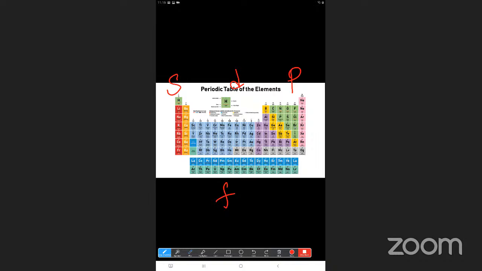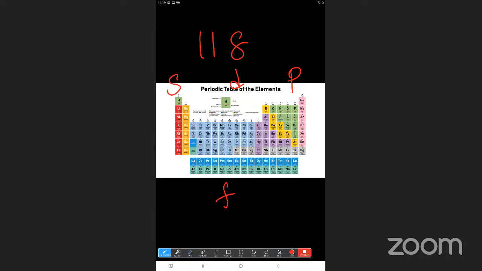The left side part is the S block, the right side part is the P block, the middle part is the D block, and the bottom portion is the F block. All the elements are arranged in these 4 blocks. Here we have metals, non-metals, as well as metalloids.